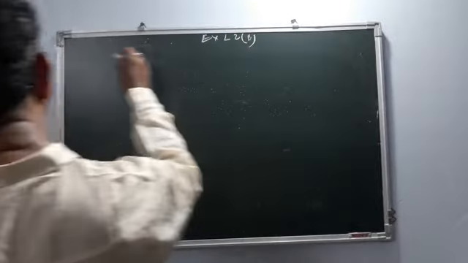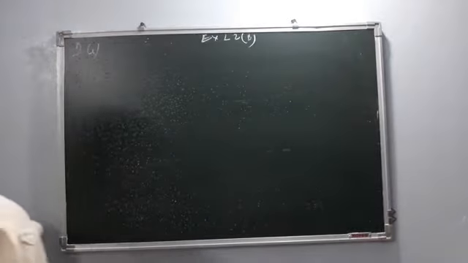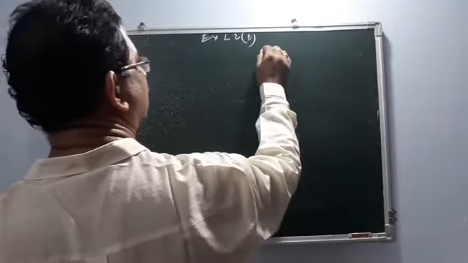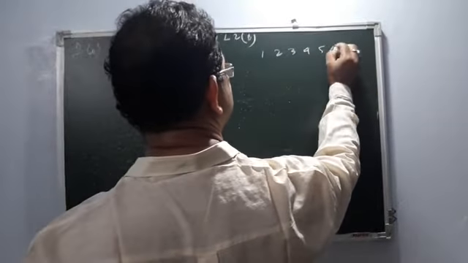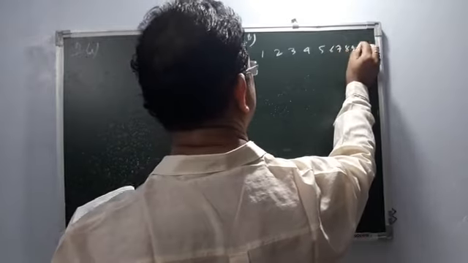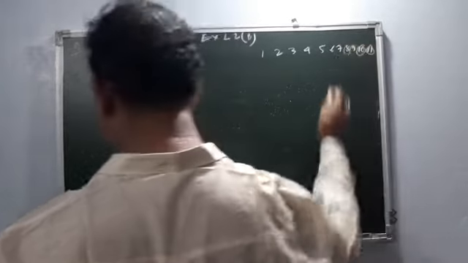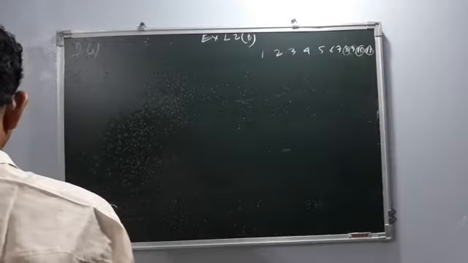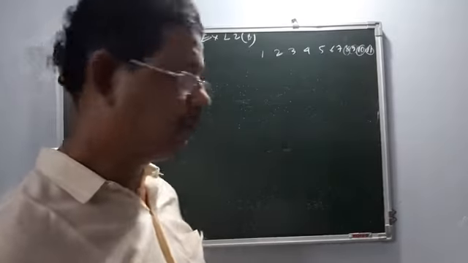2.2b, question number 9. 11 questions are there: 1, 2, 3, 4, 5, 6, 7, 8, 9, 10, 11. So these are the question papers, and a student has to answer 6 questions.